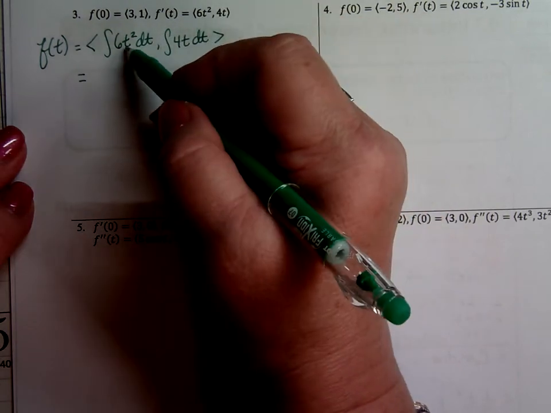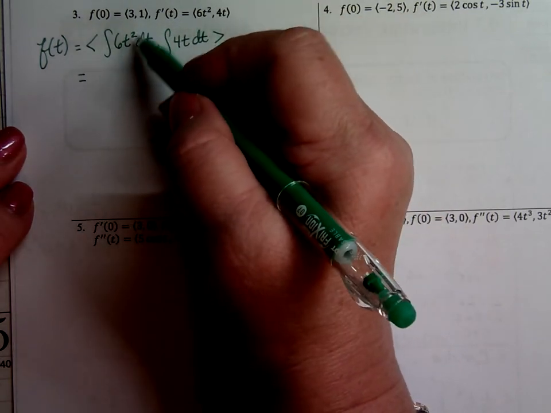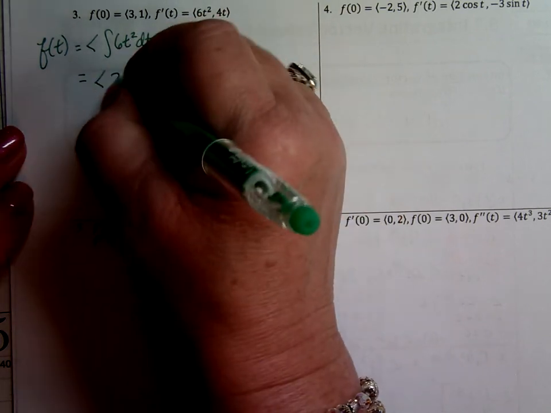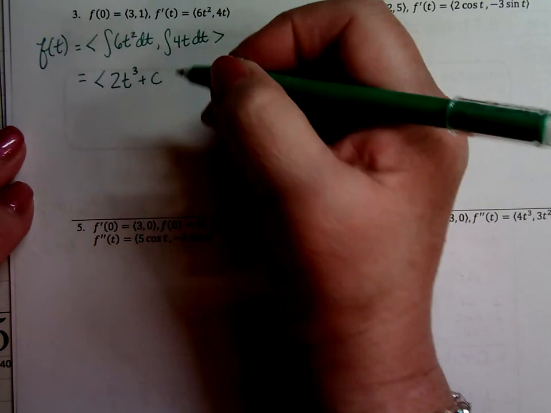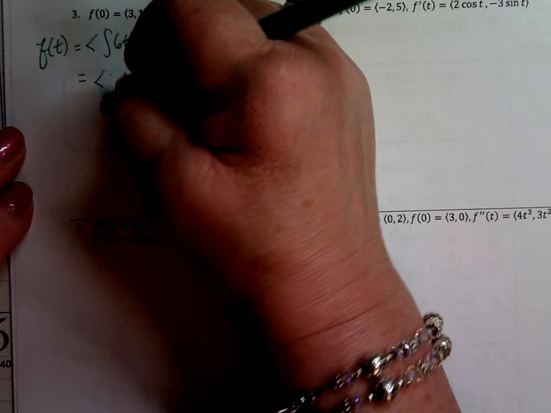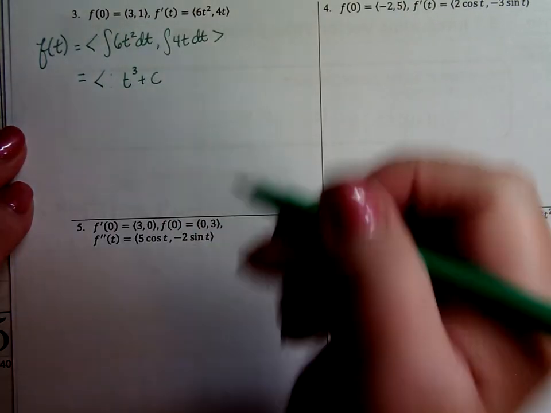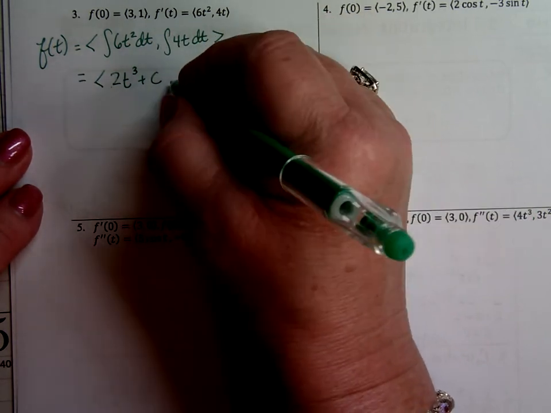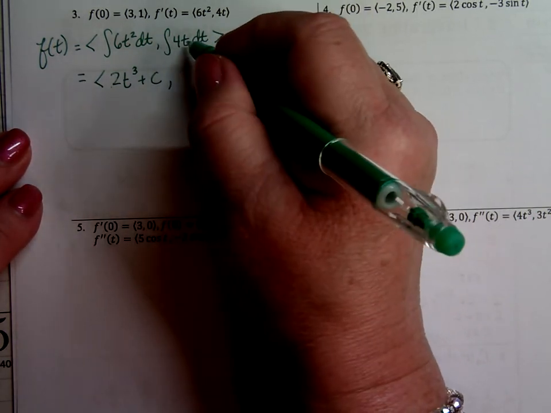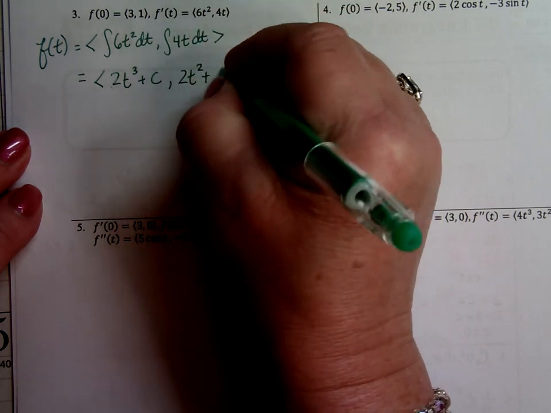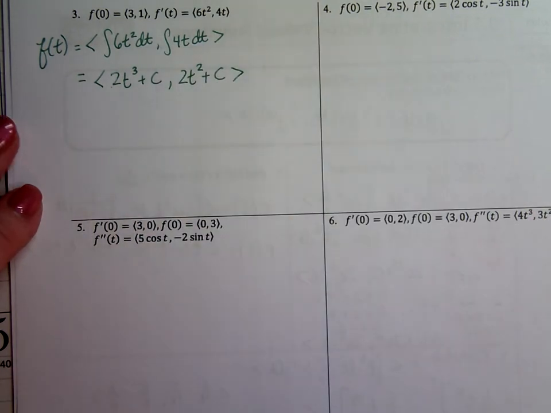If I integrate this, it's one more power on, so it'll be t to the third. 6t cubed divided by 3 is 2t cubed plus c. And then my second one is going to be 4t squared divided by 2. That's 2t squared plus c. You're just integrating each piece. Definitely old polynomial rule kind of thing.